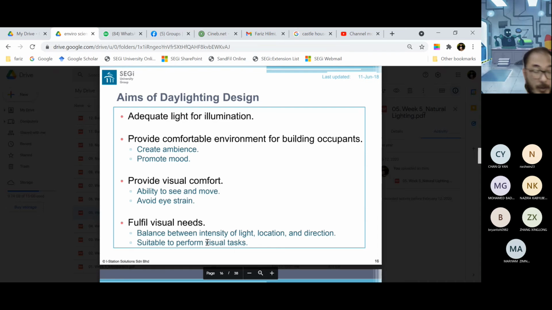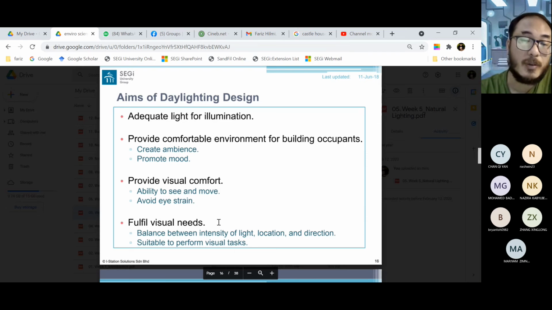Next would be suitability to perform visual tasks. Visual tasks are almost everything, but to be more specific, for example, cooking, where you need to visually control your food, or working, where you need to see the keyboard of the computer or laptop, or writing or drawing in a book or on drawing paper.